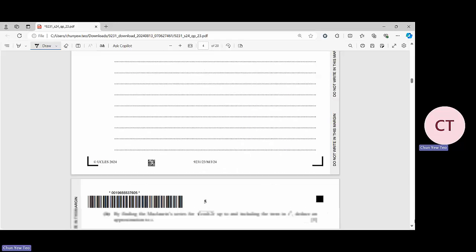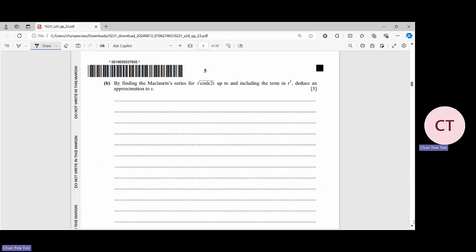Now we move on to part B. They want you to find the Maclaurin series for this up to the terms in t squared. First of all, we let f(t) equal to cos 2t, and I prefer to write it as a power of a half. Then I differentiate it for the first time.